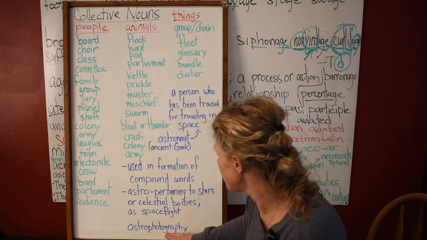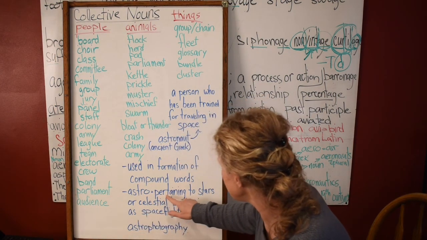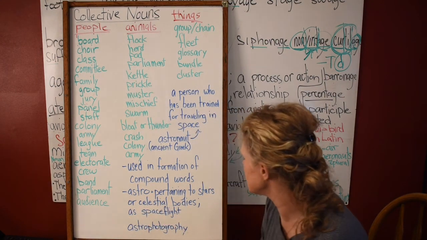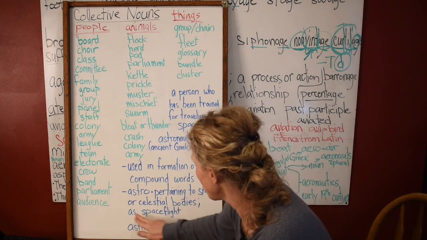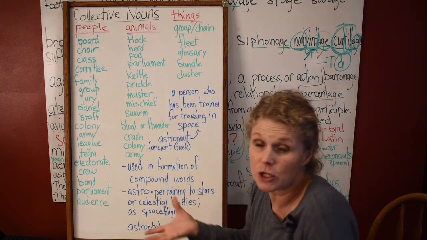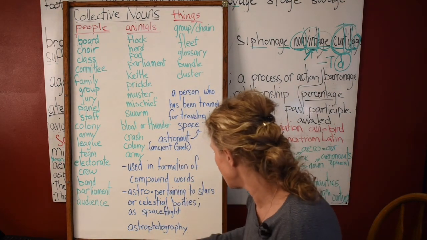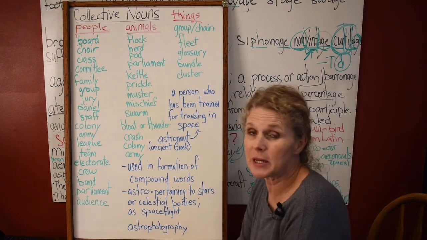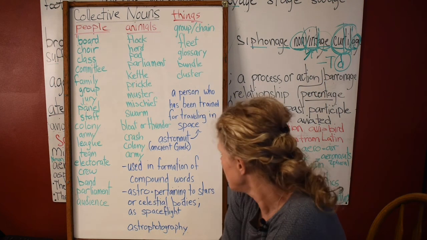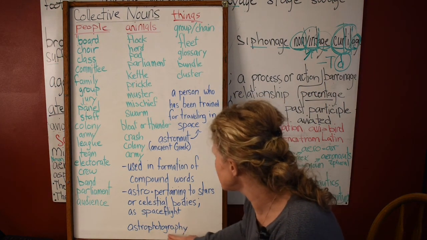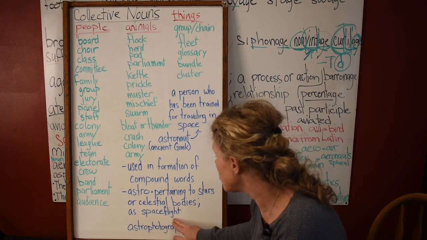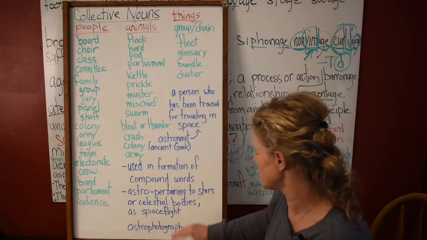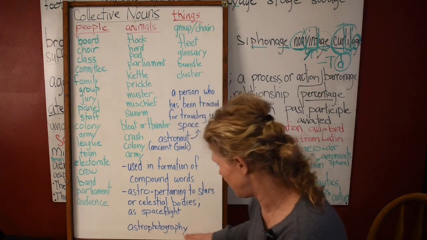So we have astro, that means pertaining to stars or the celestial bodies, as in space flight, so we know it's going to pertain to the sky, to the stars. And we have photo, which means light. And we have graph, that means write or record. So we are going to write and record the light from the stars. So that's how you can read that.